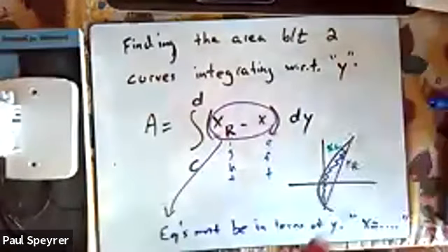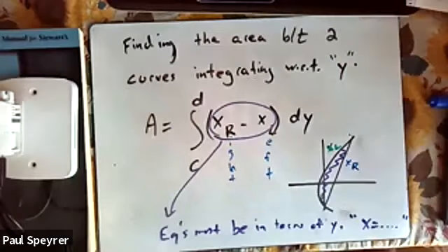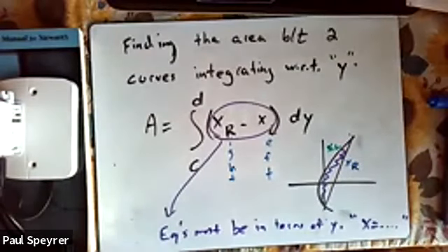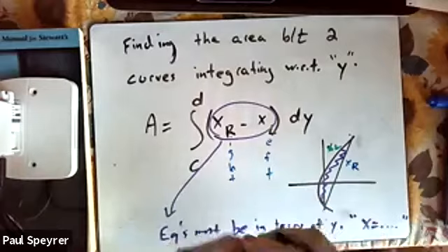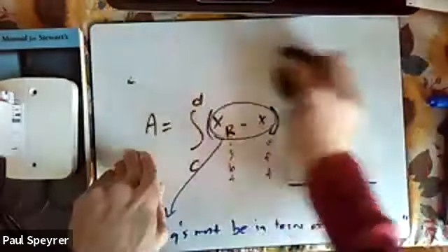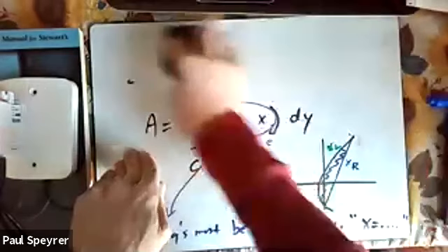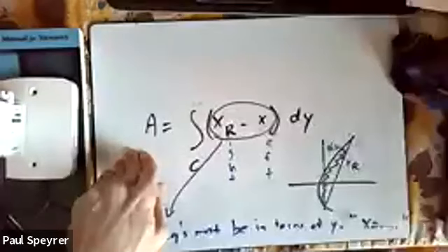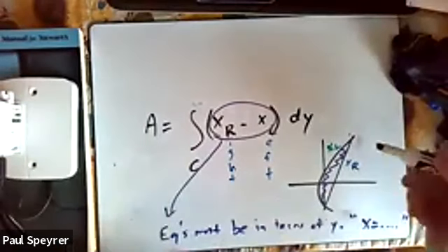And how do we know we're going to integrate with respect to y? Well, there's two ways. One is the problem will just tell you, in the directions it's going to say do it with respect to y. Or the other way is they won't say jack squat, but the way the equations are arranged, as I've mentioned before, the biggest indicator is the power of the y.